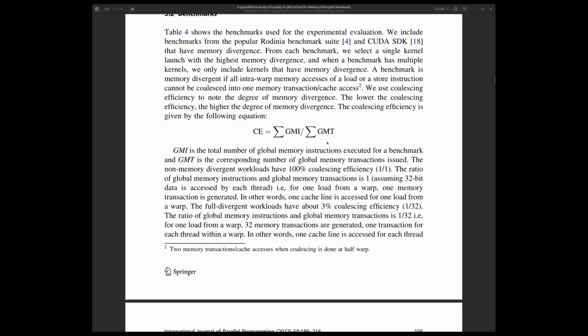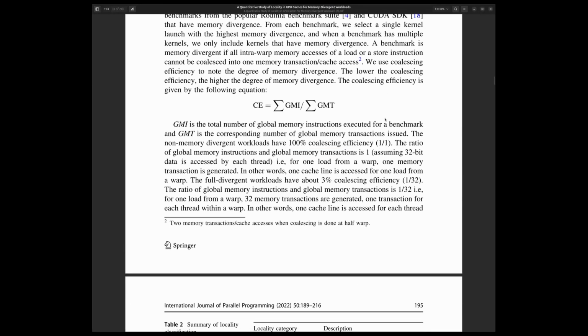They normalize it by dividing by 32 to get a percentage. If you had a perfectly coalescing application, you would have 32 instructions but only one transaction, and dividing that by 32 gives you 100% coalescing efficiency.